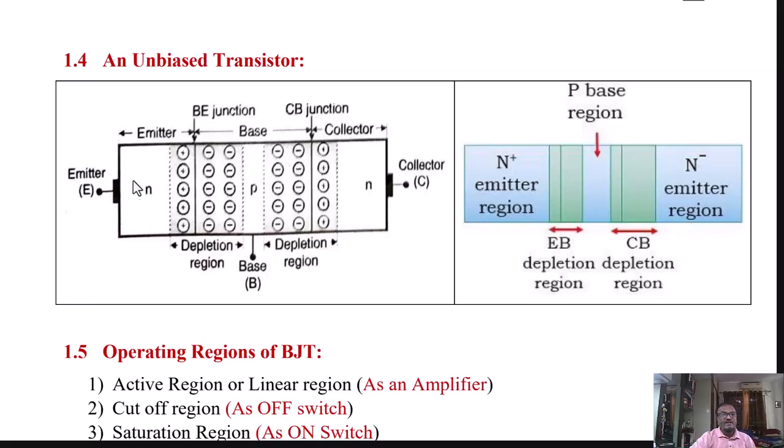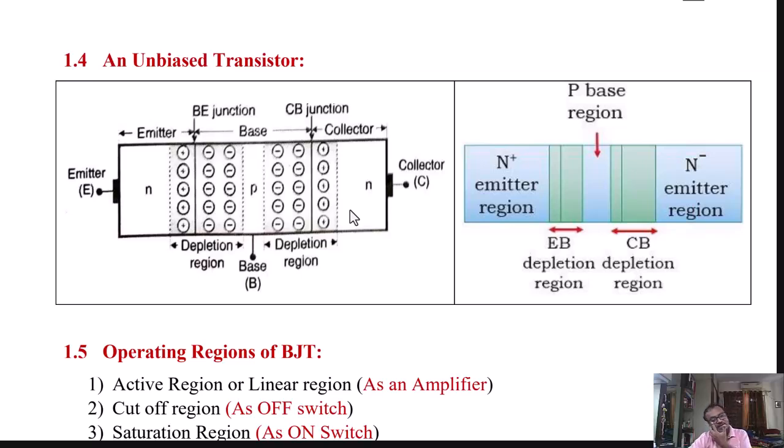Now, in N type of material, the majority charge carriers are electrons and minority charge carriers are holes. Whereas in P type of region, there are holes as majority and electrons are minority. And in collector, again, electrons are majority and holes are minority.